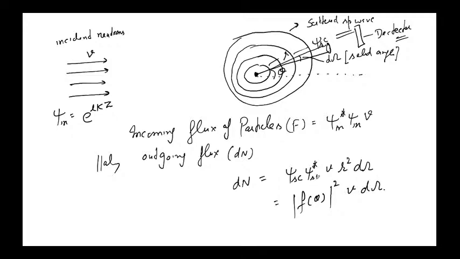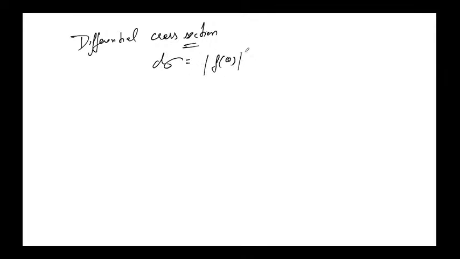So from this outgoing flux, we can calculate the differential cross section, that is d sigma, which is |f(theta)|^2 v d omega divided by v, so that is |f(theta)|^2 d omega.